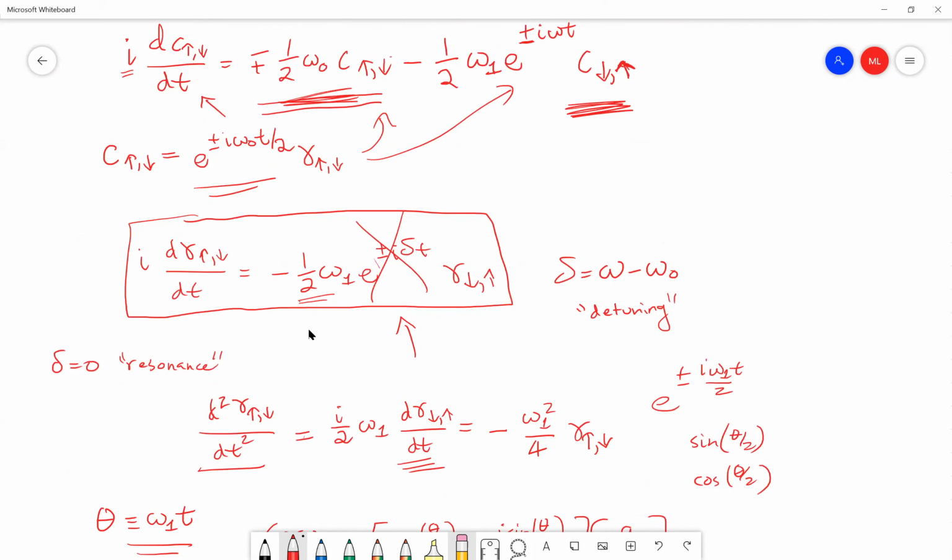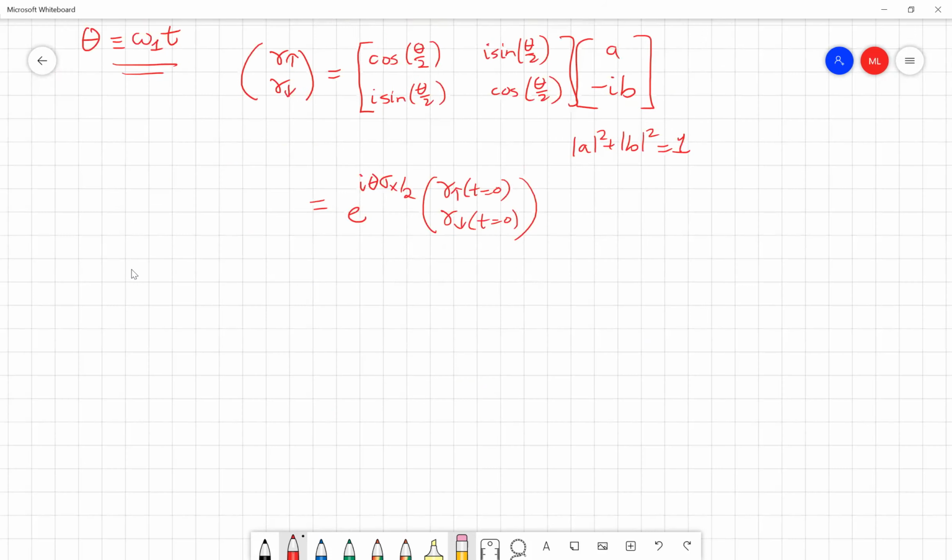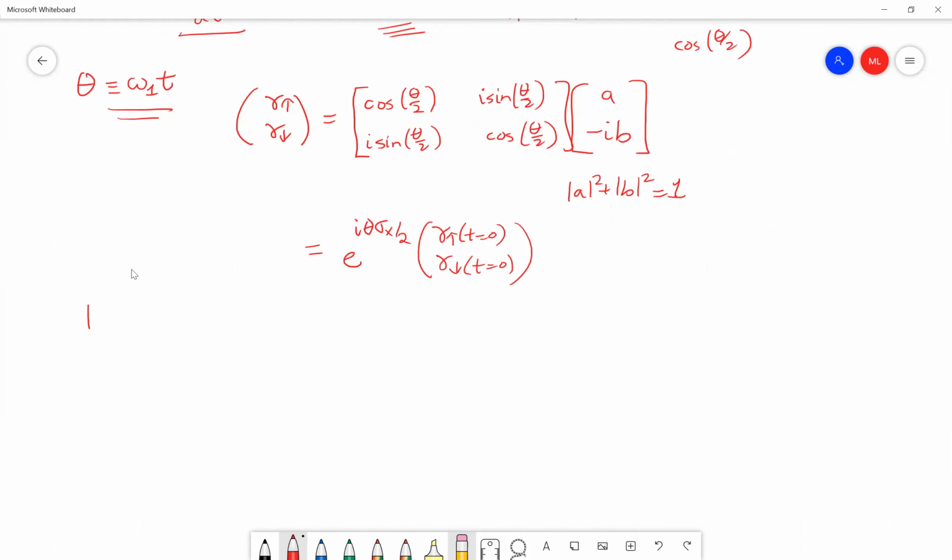Okay, and on resonance, it's kind of easy to figure out what's going on. We want to know, say, the probability of observing the spin, either in up or down. So what are those? The probability of observing it in the up direction is just the inner product between your time-dependent state and the up basis vector.